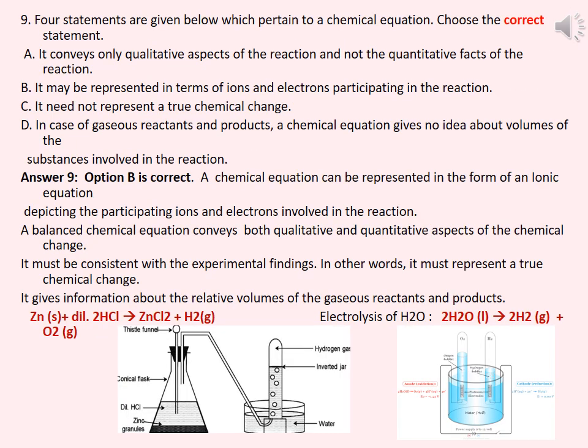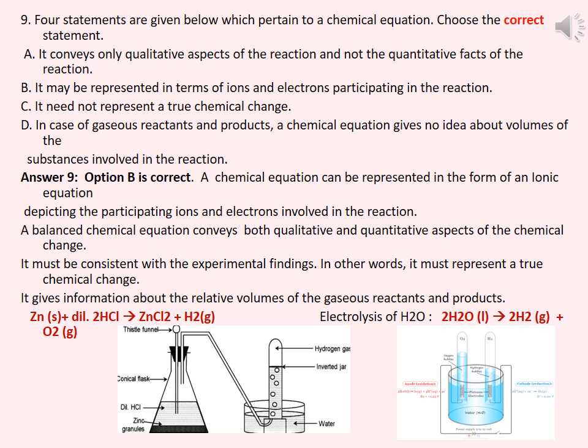Question number 9. Four statements are given which pertain to a chemical equation. Choose the correct statement. A. A chemical equation conveys only qualitative aspects of the reaction and not the quantitative facts of the reaction.